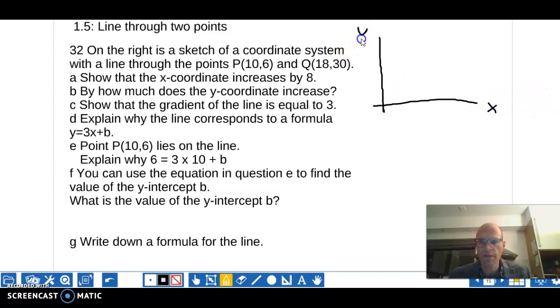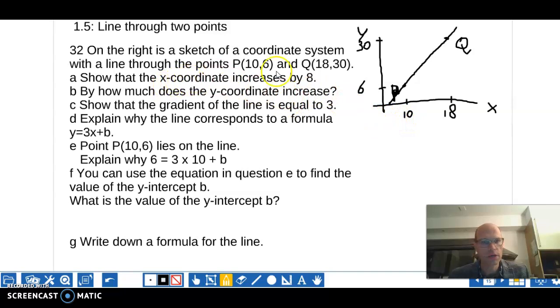You don't have everything, but what we do have: we start at 10 on the x and the other one is 18, and then we have 6 over there and up is 30, and we start over here with P, and the other one is called Q, and then we have a straight line through it like this. I'm just going to make this dot a little bigger. So this is P and the other one is Q.